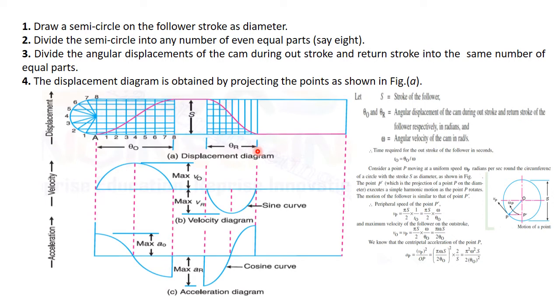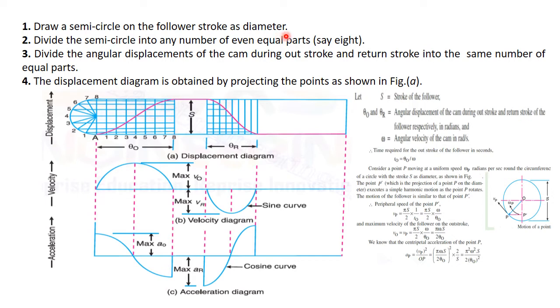How to draw the displacement, velocity and acceleration diagram for the follower? First of all, we draw a semicircle with the follower stroke as the diameter.